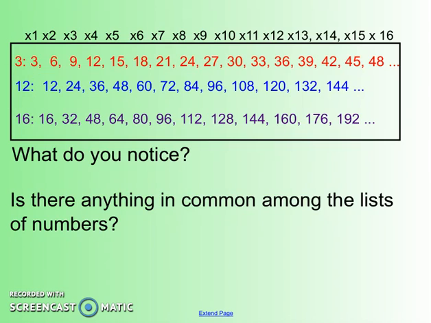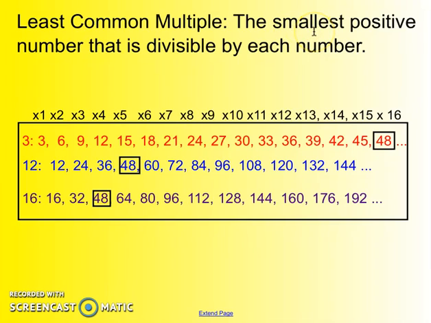And what we are trying to do today is look at these multiples and try to figure out the smallest positive number that is divisible by each number. So we're looking for the common multiple that they share, and we're looking for the first one that they share.